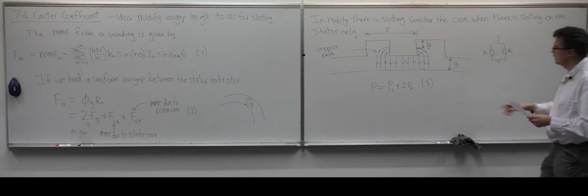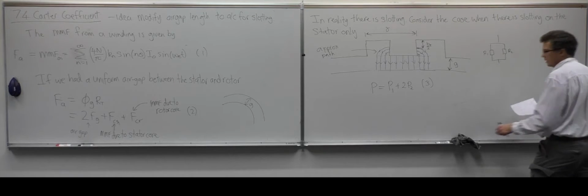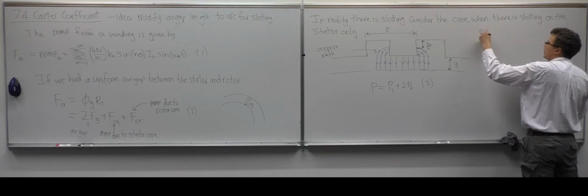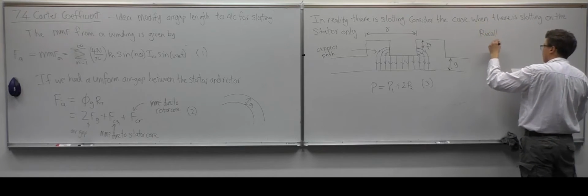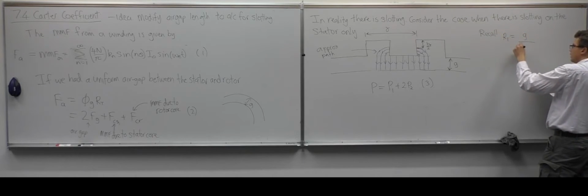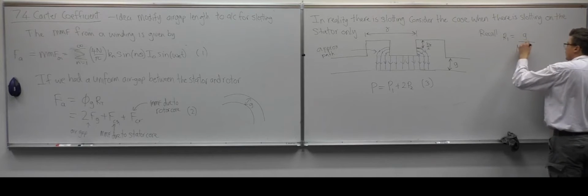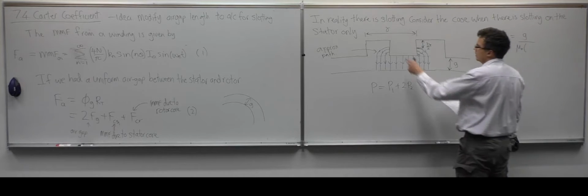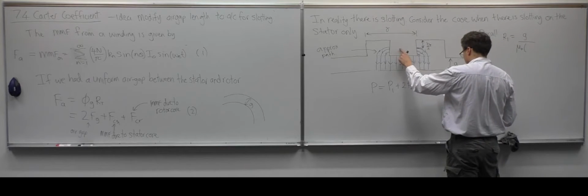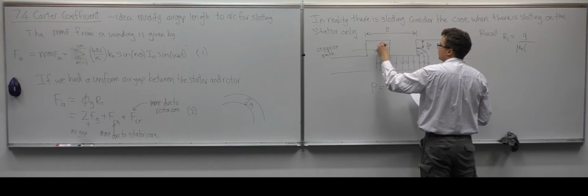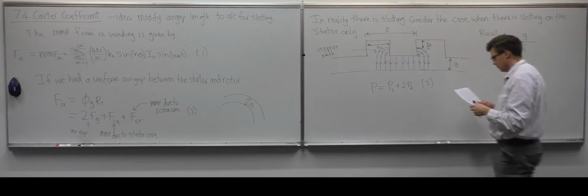So now if you recall, the reluctance is equal to the air gap divided by mu naught times the area. In this case, the area here is going to be gamma minus beta naught.